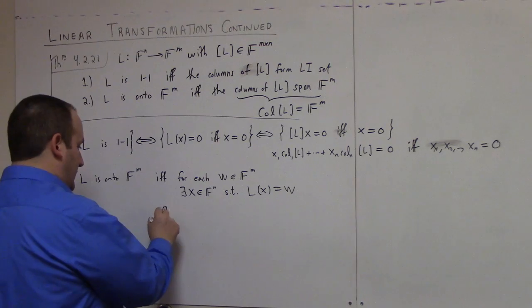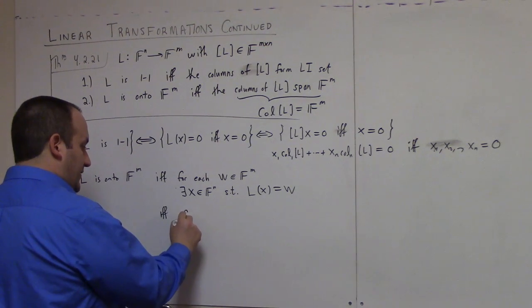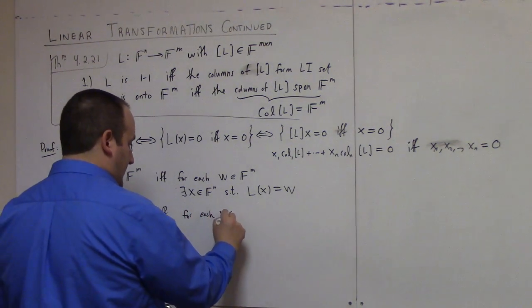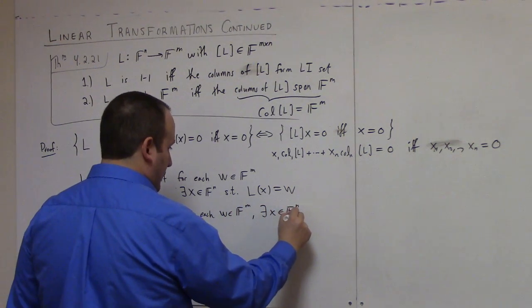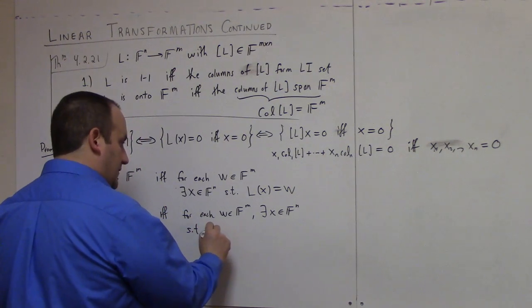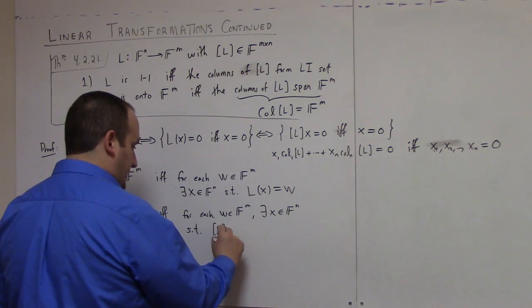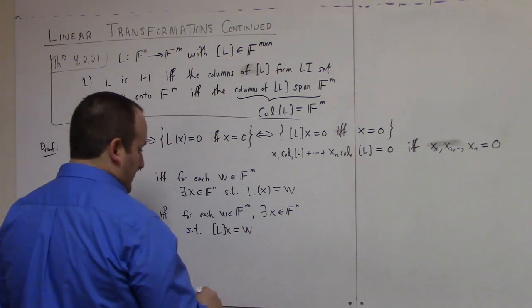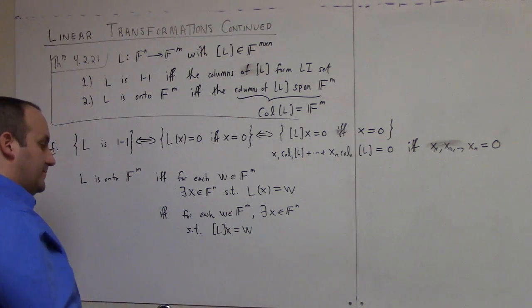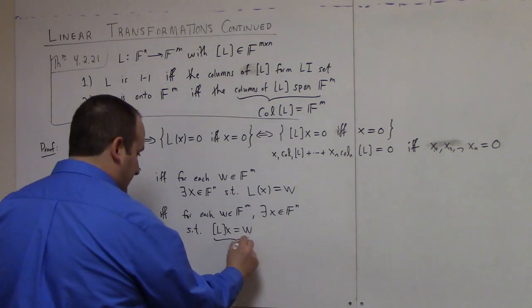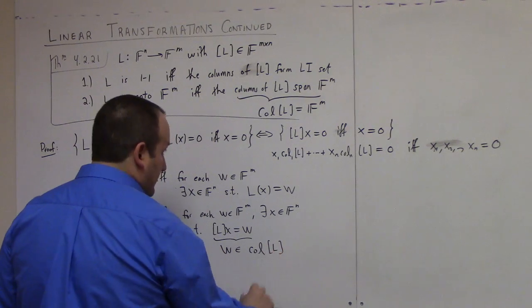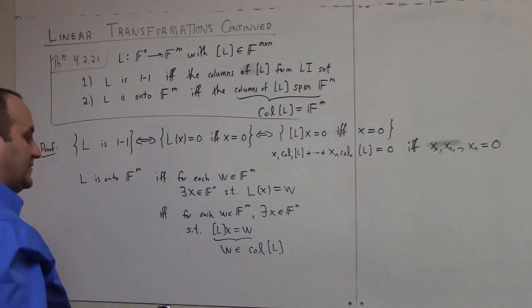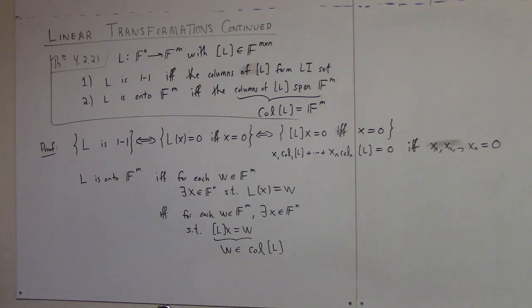But that's interchangeable with the statement that for each W in Fm there exists X in Fn such that the matrix of L times X is equal to W. But what that's saying is that, of course, we proved before, this means that W is an element of the column space of the matrix, right? And that's it. The columns of L span is interchangeable with L being onto. All right, so there you go.